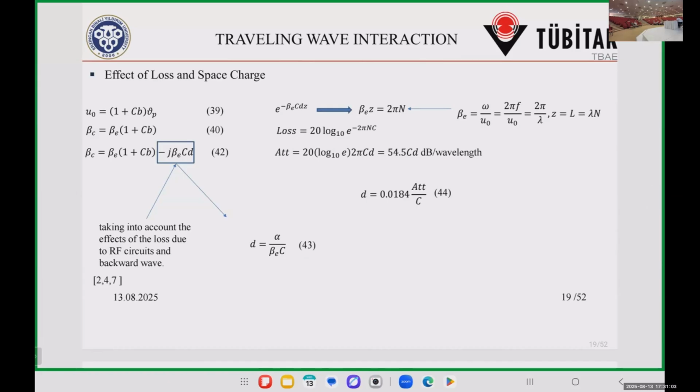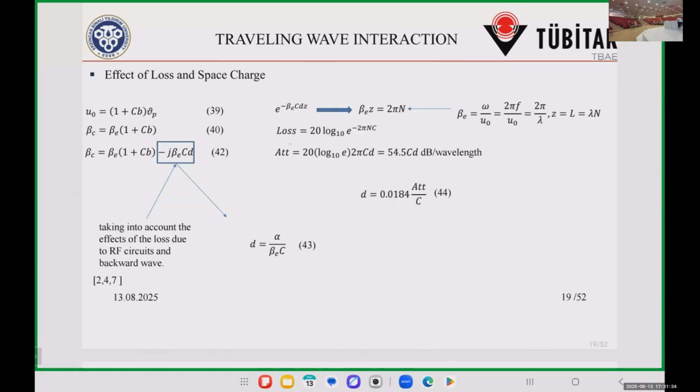If we look at the right side of this slide, if we have beta E times Z and equate this to 2 pi n, we can write beta E as 2 pi divided by lambda, and write Z in terms of lambda n.